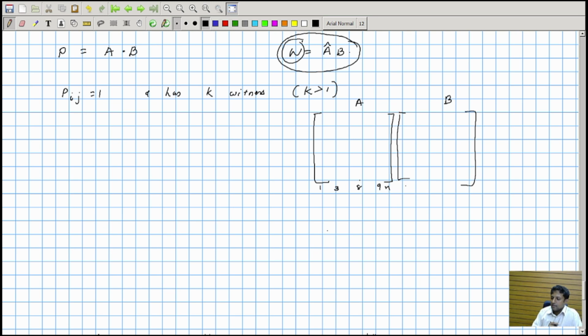Our previous lemma says that there might be k witnesses, but if we choose r, the number of rows that we pick from A and columns we pick from B, such that r times k lies between n by 2 and n, then with probability 1 by 2e, there will be a unique witness. And if there is a unique witness, we can easily identify it.